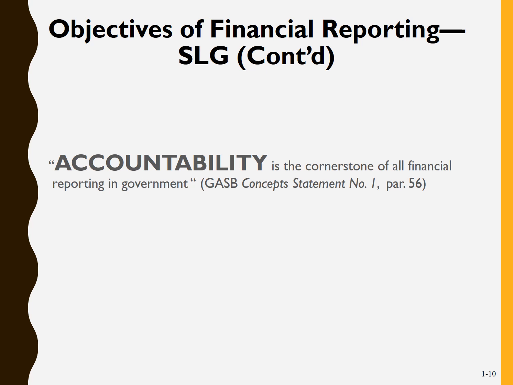Number one concept is accountability, and I'll talk more about that later on, maybe with a video that explains why accountability is so important. It's a cornerstone of financial reporting in government.